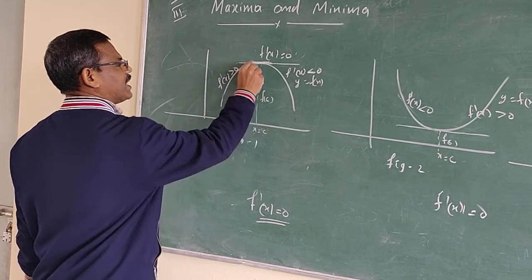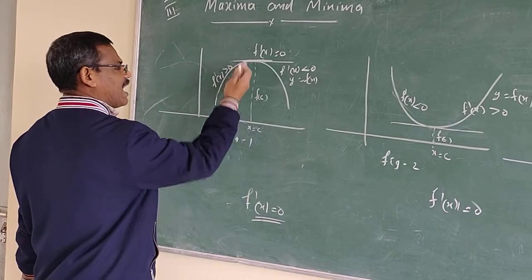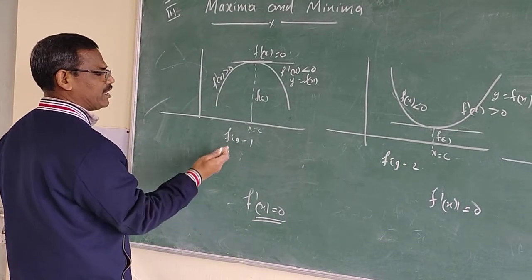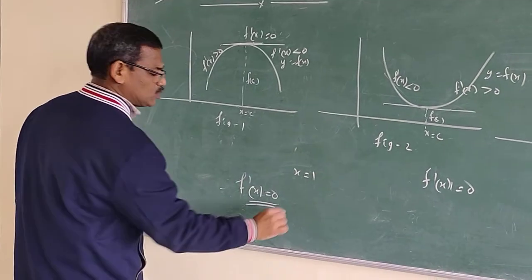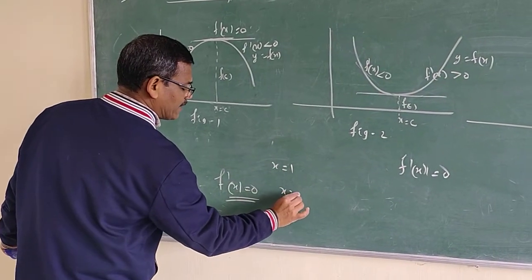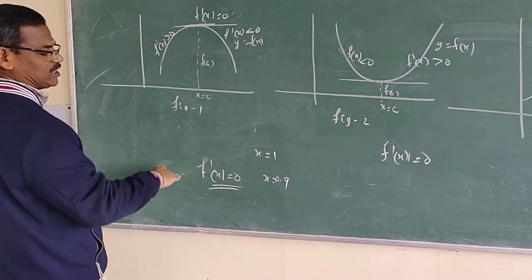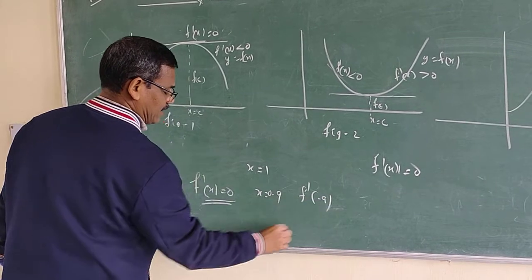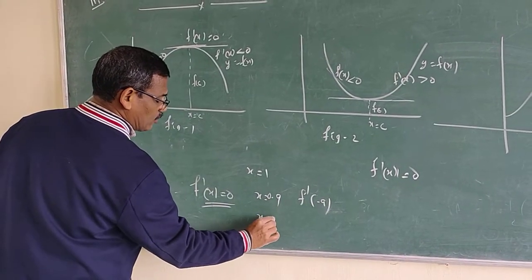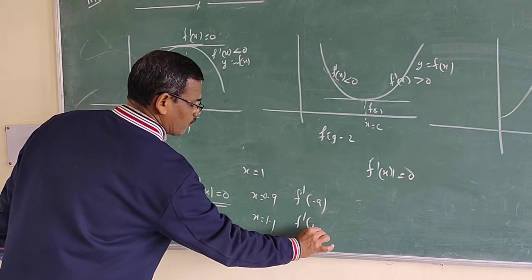Thereby you get the turning point where it is the highest or where it is the lowest. And after getting that turning point, you take a left, say x is equal to 1 is the turning point. So take the value 0.9, that is left side. You find f dash 0.9, and in the same way take x is equal to 1.1 on the right side, f dash 1.1.